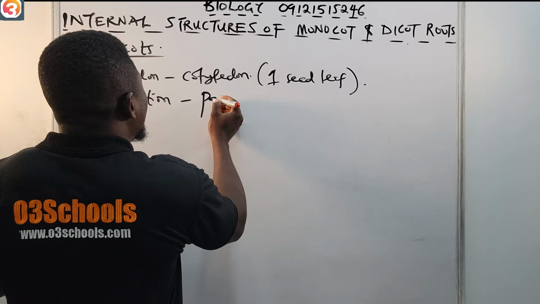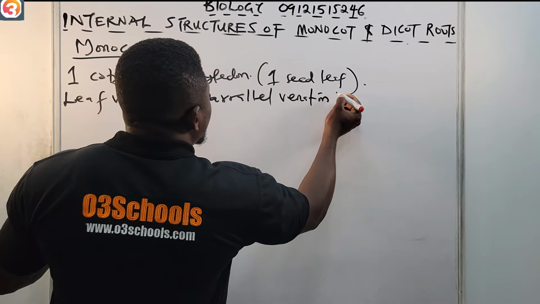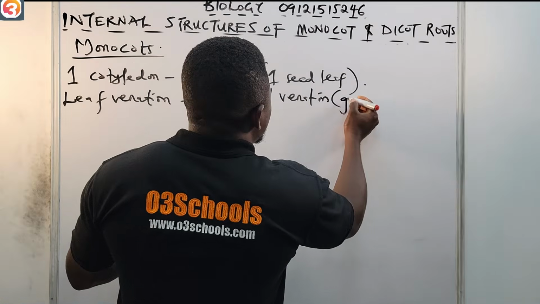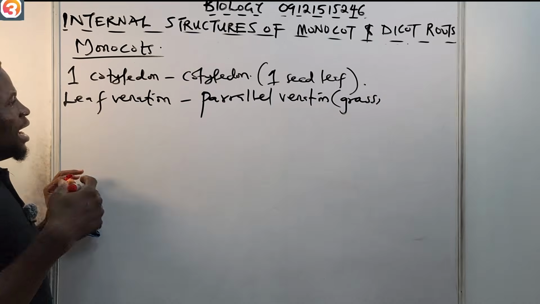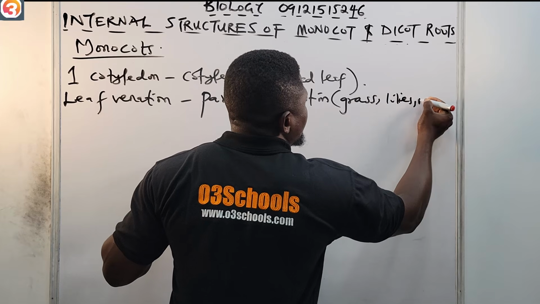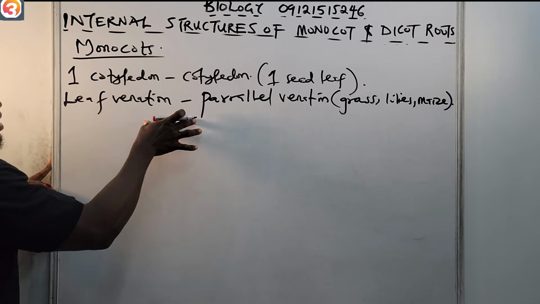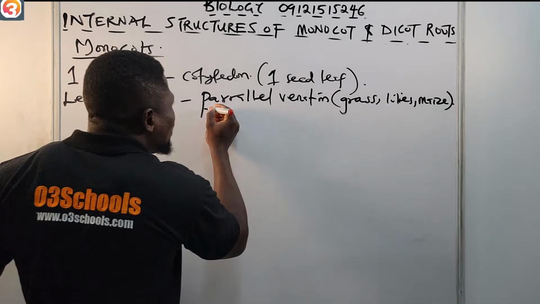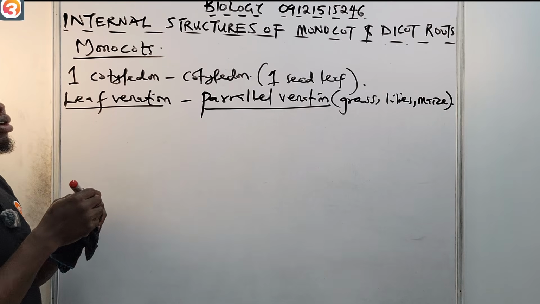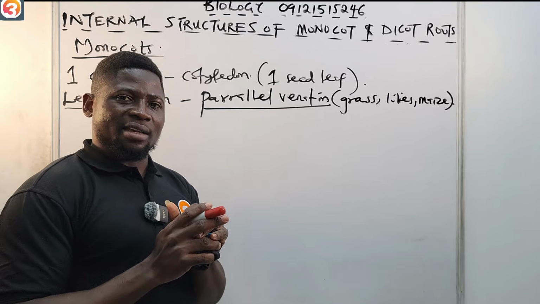We can see this parallel venation in some plants, like grass, lilies, and maize or corn. These are characteristics of monocots: they have a parallel leaf venation. You must take note of this, in terms of leaf venation, monocots have parallel leaf venation. It's a very, very common question in JAMB or WAEC exams.